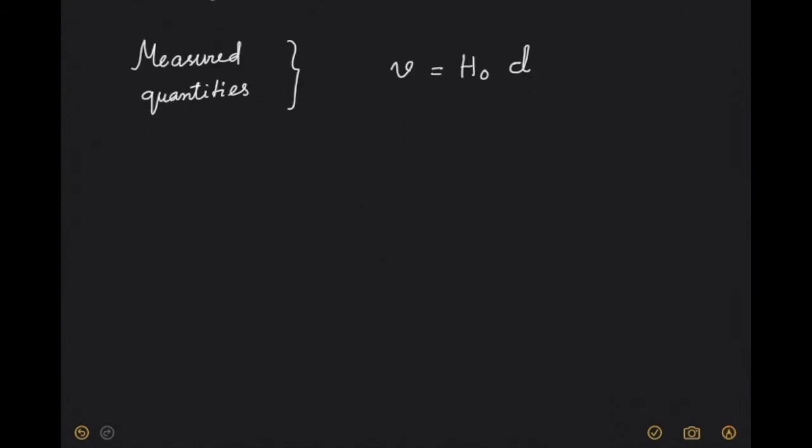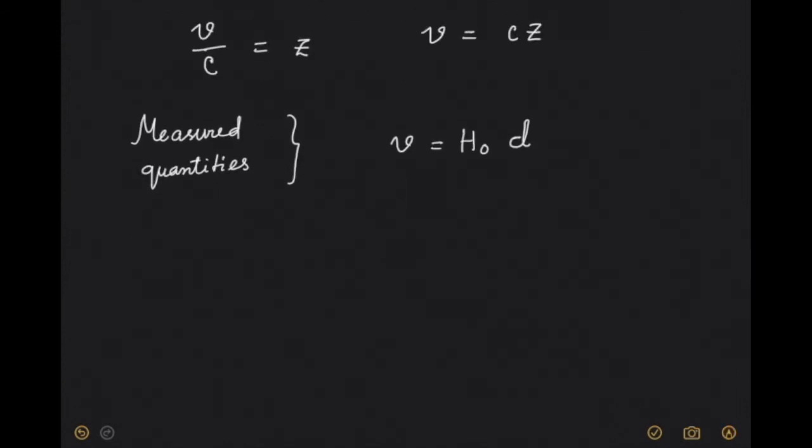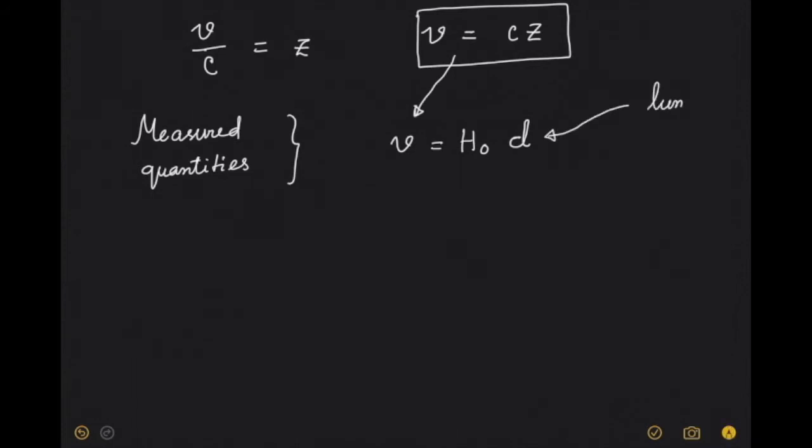So let me write down what they are. So V is coming directly from here. D is measured by luminosity distance. H naught we call Hubble's constant.